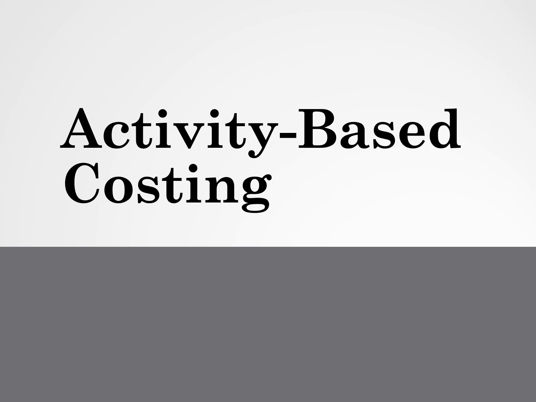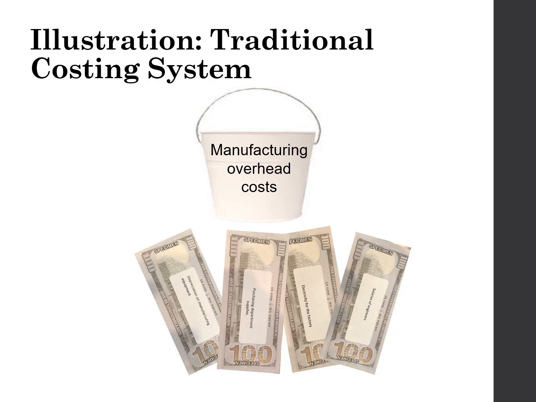ABC assigns overhead into various cost pools in an effort to provide more accurate cost information. So ABC supplements rather than replaces these cost systems. It is important to note overhead costs are the same under either traditional or ABC.